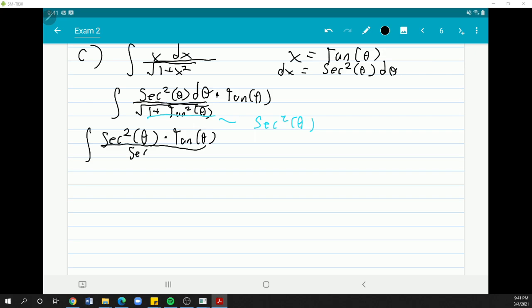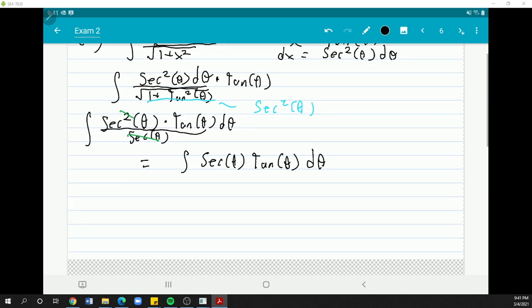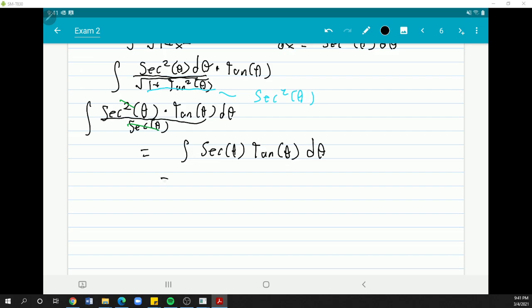And so this is really just secant theta. So secant cancels with the squared there, d theta. So this is really integral secant theta tan theta. Look familiar? D theta. This is actually just secant of theta plus c.